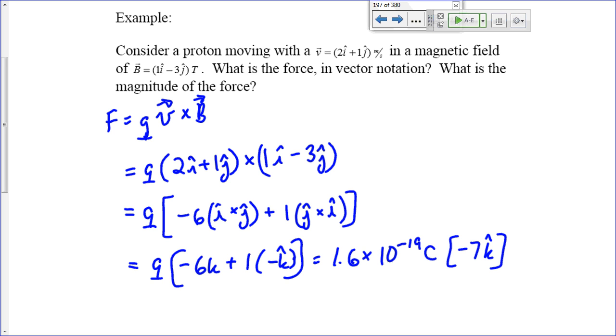And so I can find the force on this vector is minus 11.2 times 10 to the minus 19. Newtons. And that's in the K direction.